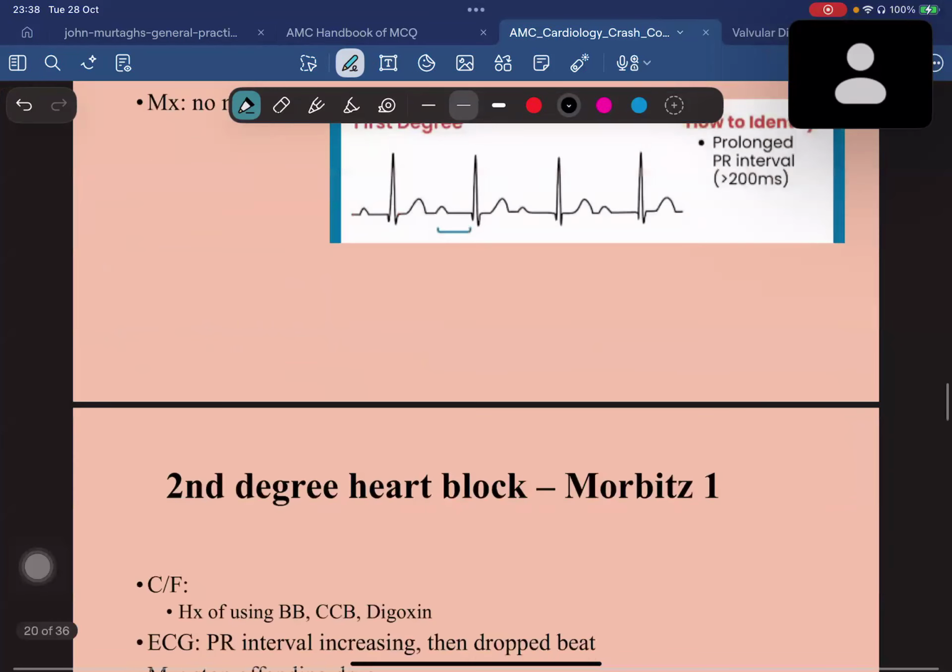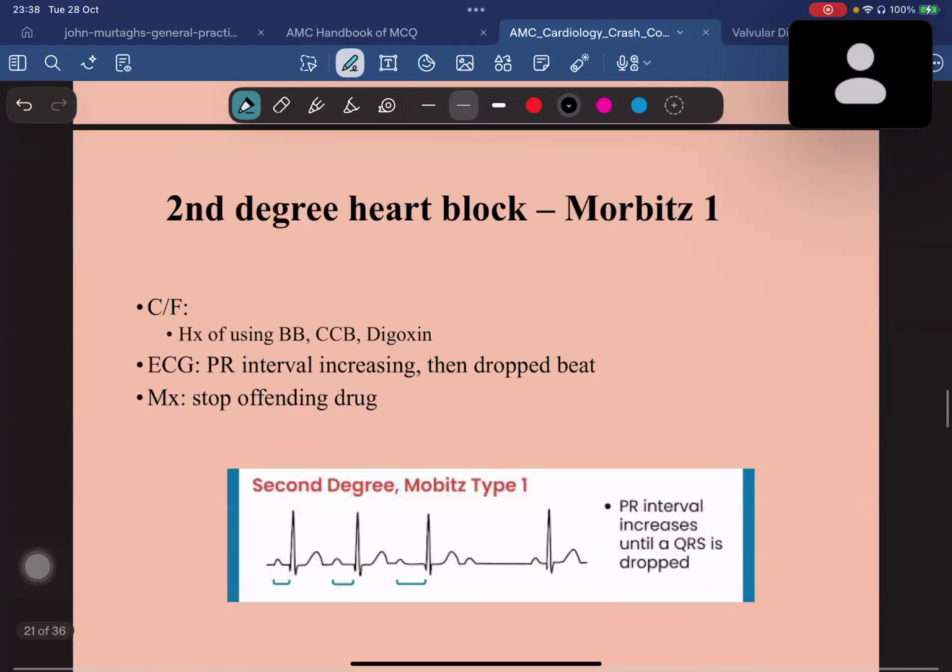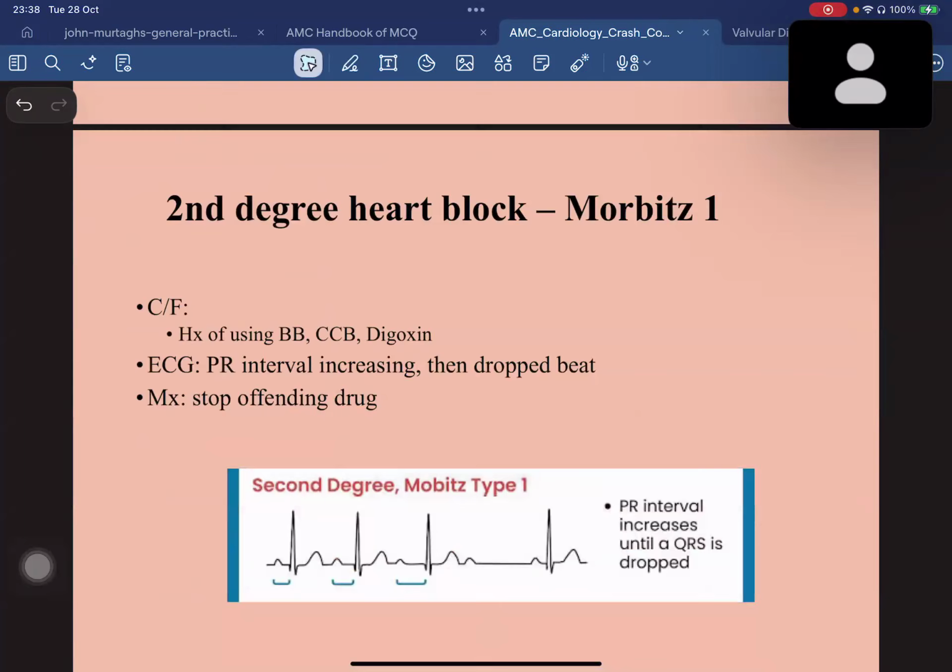And next we have second degree heart block, this is Mobitz type 1. The main thing to remember is that it's pretty much like the first degree heart block. It also has similar clinical features, like a history of using beta blockers, calcium channel blockers, and so on.